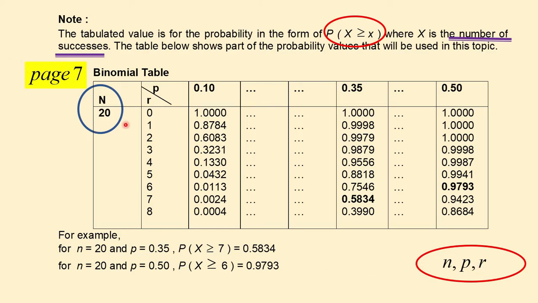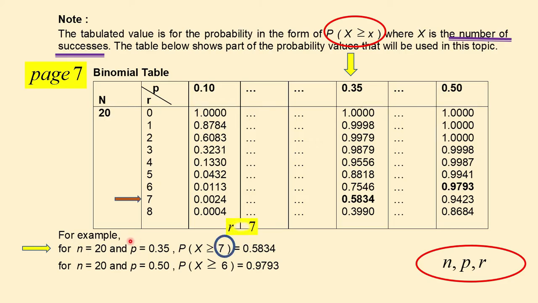The first column gives the value for n. n equals 20. The first row gives the value of p, p 0.1 until p 0.5. The second column gives the value for r. For example, n equals 20, p equals 0.35, r equals 7.